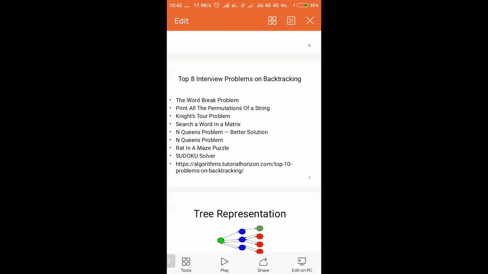Knight's tour problem. Search a word in a matrix. N Queens problem. Rat in a maze. Puzzle problem. Sudoku solver problem. All these are different problems generally asked in the interviews relating to backtracking.